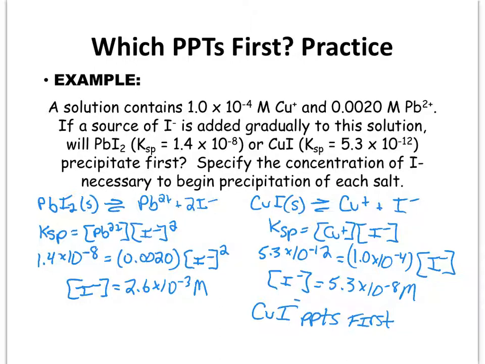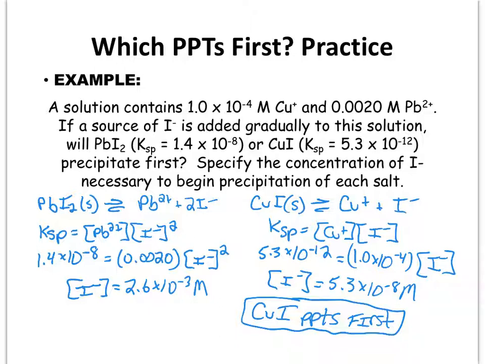So the CuI is going to precipitate first here because its concentration is lower for the I minus, and that concentration would be reached first, so it would precipitate out long before the PbI2 would, because the PbI2 needs to reach a concentration of I minus of 2.6 times 10 to the minus 3rd before it could do it.